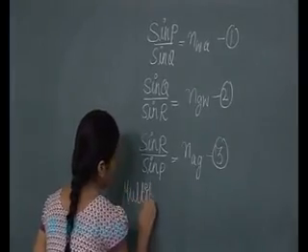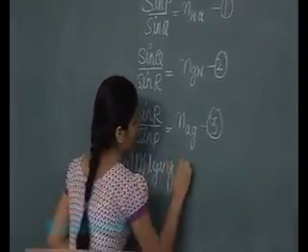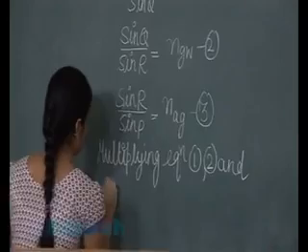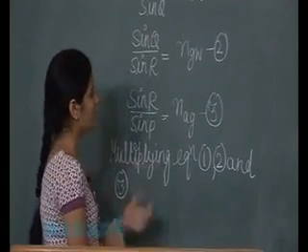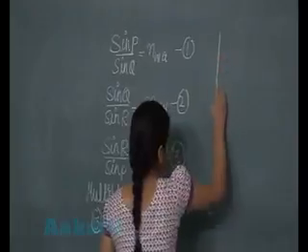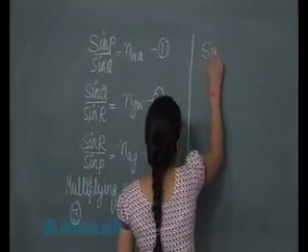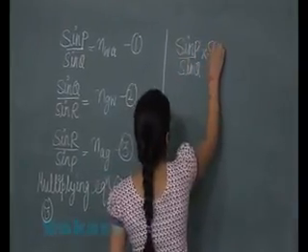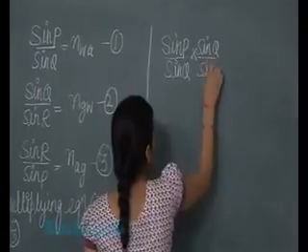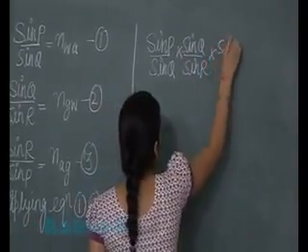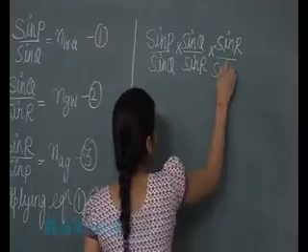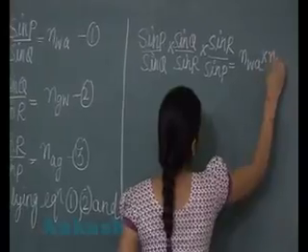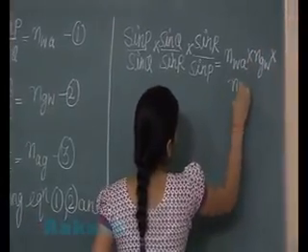Multiplying equations 1, 2 and 3. So student, by multiplying these 3 equations, we will get sin P by sin Q into sin Q by sin R into sin R by sin P is equal to Nwa into Ngw into Nag.